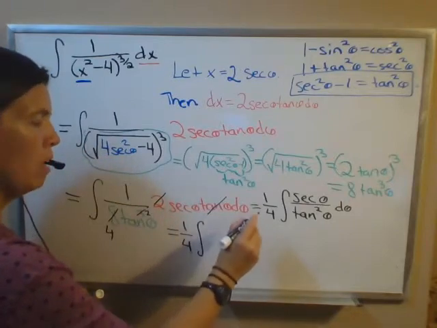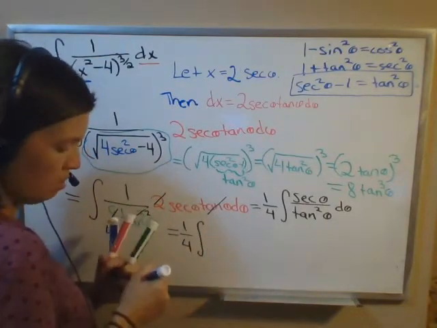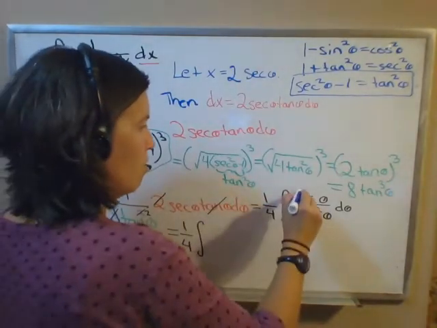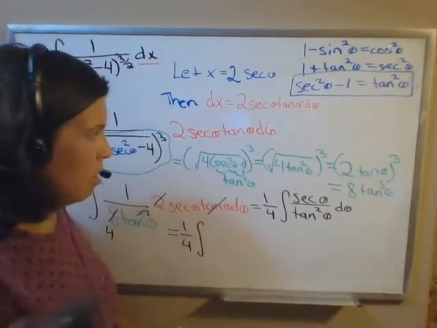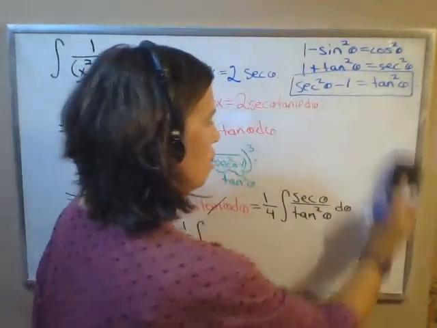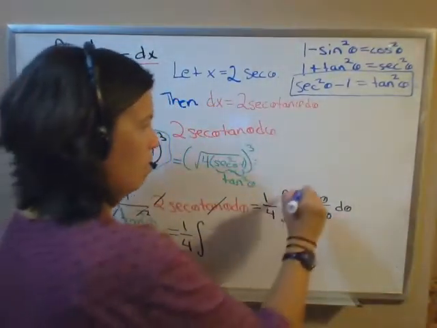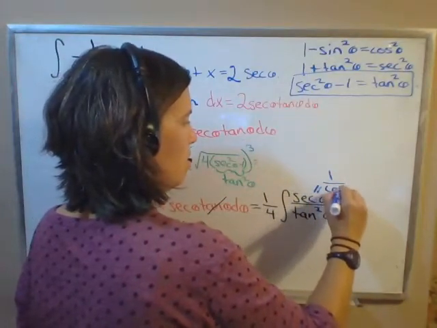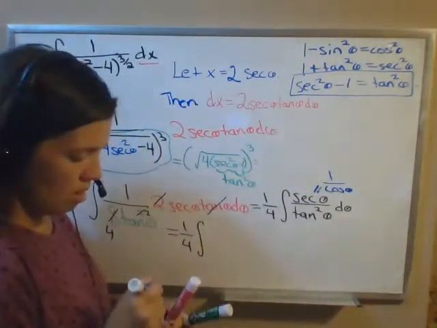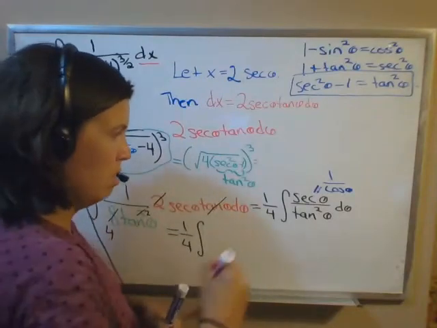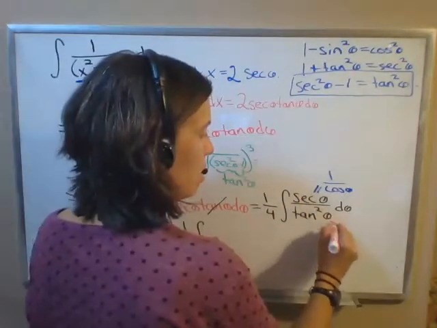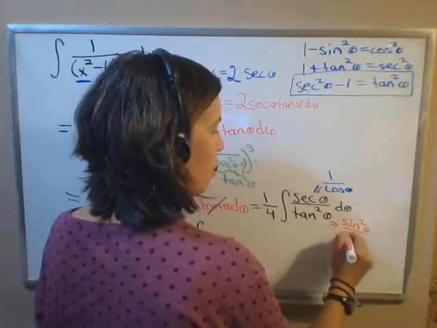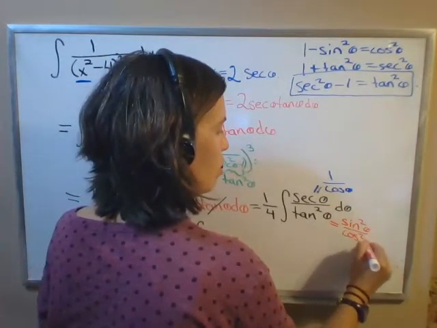So that numerator, the secant: secant here is equal to 1 over cosine theta. And tangent in the denominator, or tangent squared, is sine squared over cosine squared, because tangent is sine over cosine.